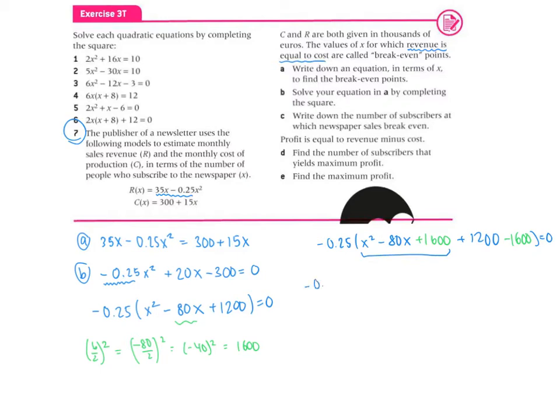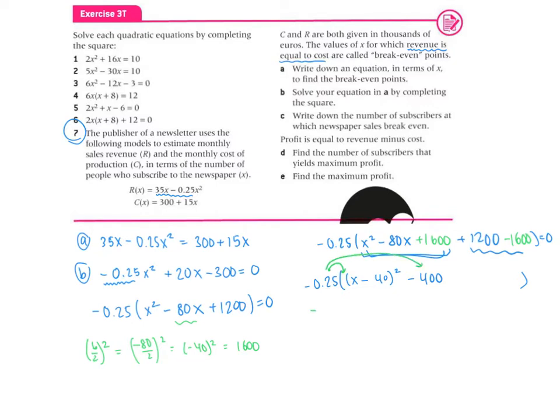Okay. So now this part is a perfect square trinomial, so I'm going to factor it. So I have negative 0.25, and then this one factors to be x minus 40 squared, and then these add together to get negative 400. So now I just need to distribute this negative 0.25 in front of the parentheses and to the last term.